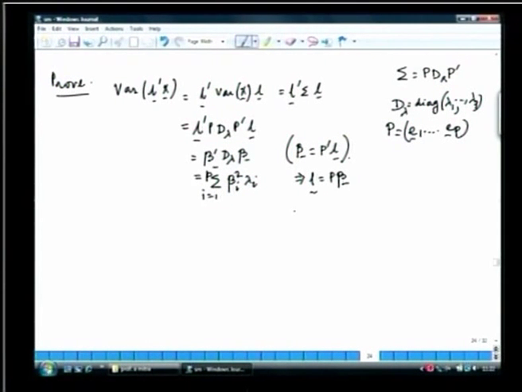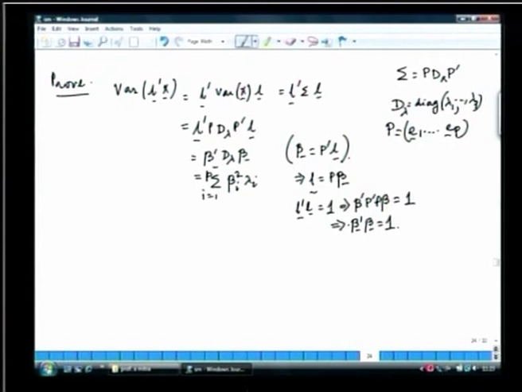This relationship gives me a very important thing: L transpose L equal to 1 implies beta transpose P transpose P beta is equal to 1, and that implies beta transpose beta is also equal to 1.